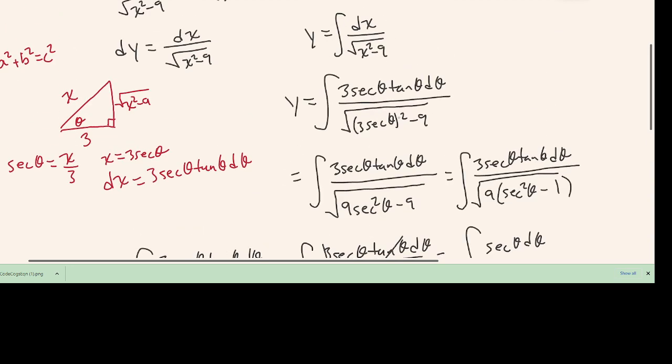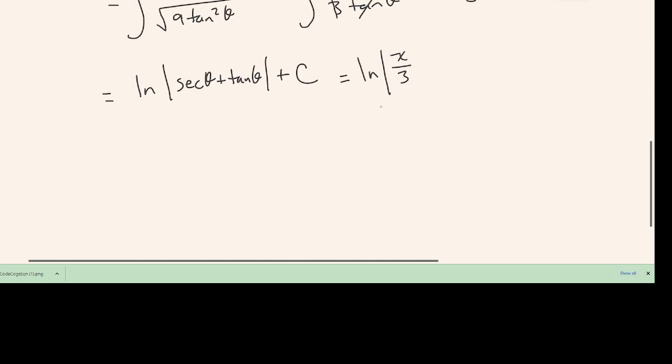Remember up here, secant is x divided by 3, and our tangent theta will be equal to the square root of x squared minus 9 divided by 3, because it's opposite over adjacent. So it'll be x divided by 3 plus the square root of x squared minus 9 divided by 3 plus c.